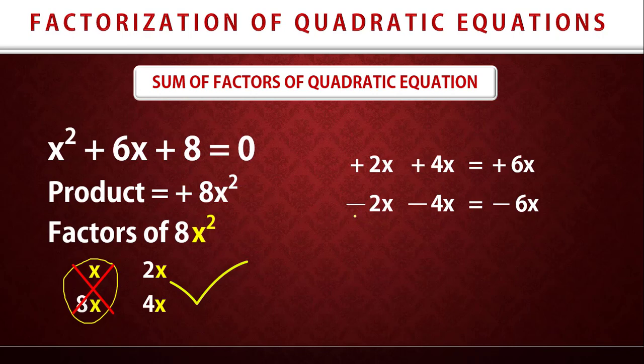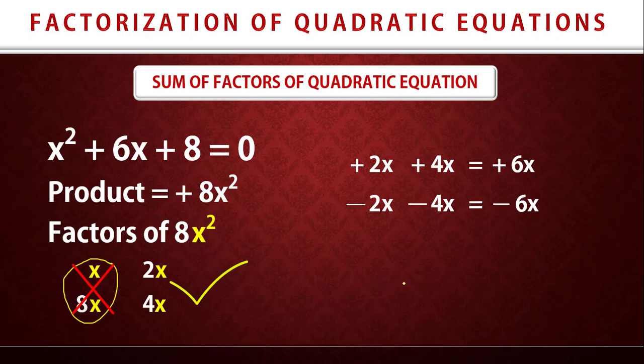The same way, if you say minus 2x times minus 4x, minus times minus according to mathematical rule is plus. So that gives plus 2 times 4, that's 8, x times x, that's x squared. You still have the same thing as plus 8x squared. You get the idea now.